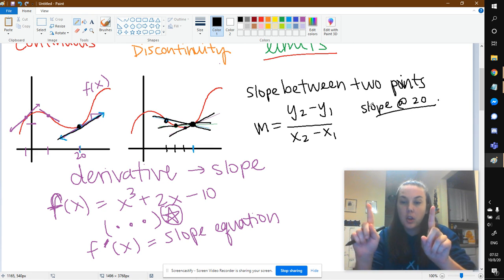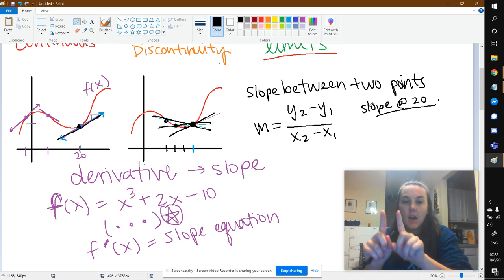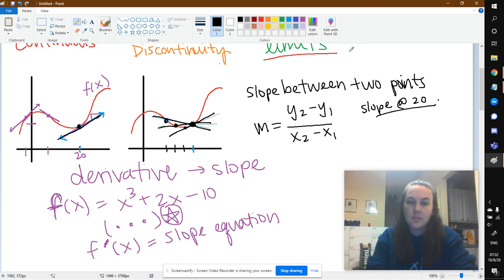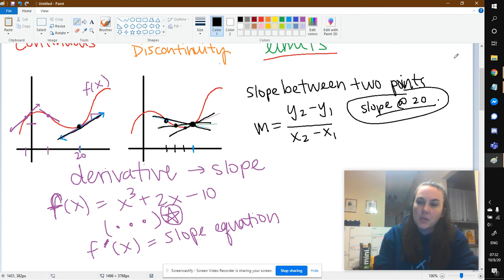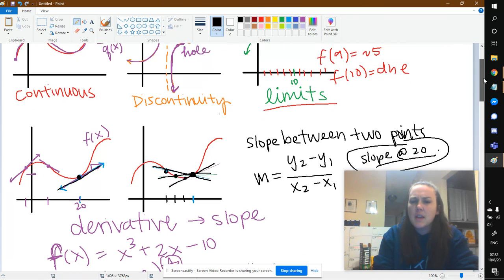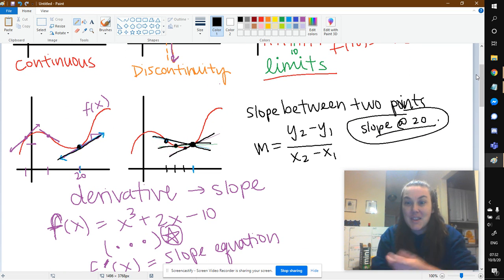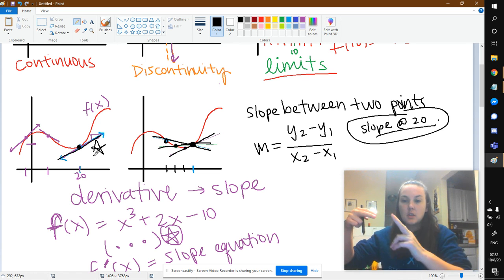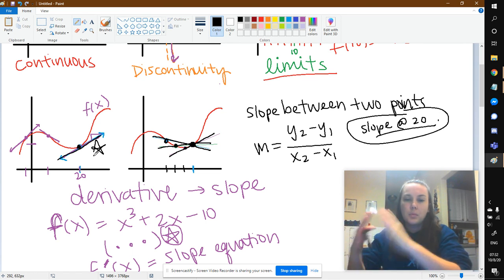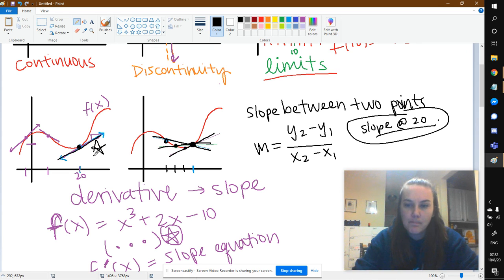We want the closest point to either side of this target point to be able to calculate the slope, except we'll eventually use limits and we'll say, what happens as it gets closer to just being itself, being the actual tangent. And then we'll use limits to compute where these slopes are getting closer to, and then we'll be able to figure out the slope of the actual tangent line.